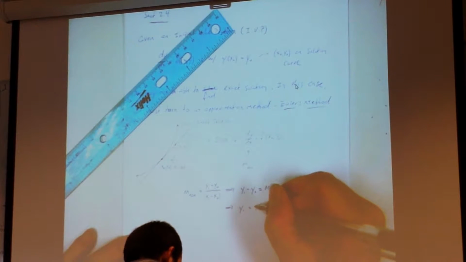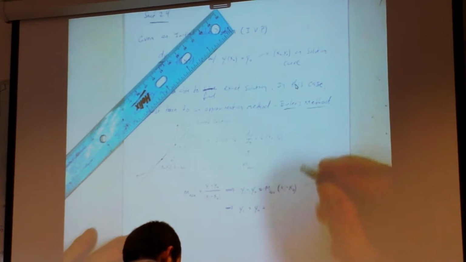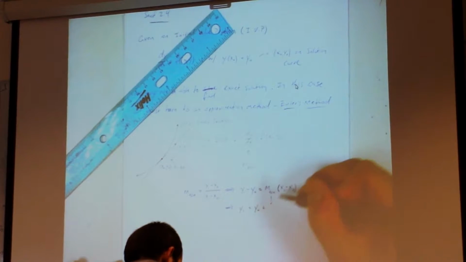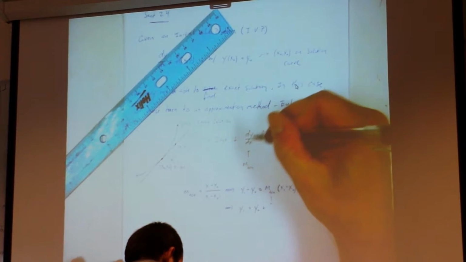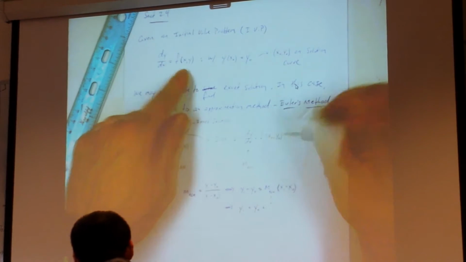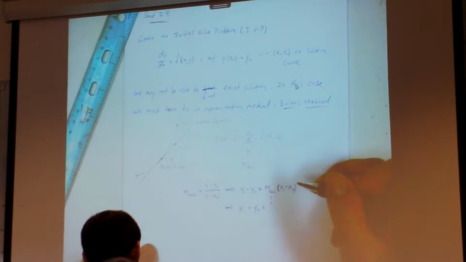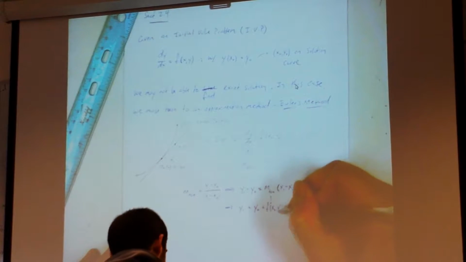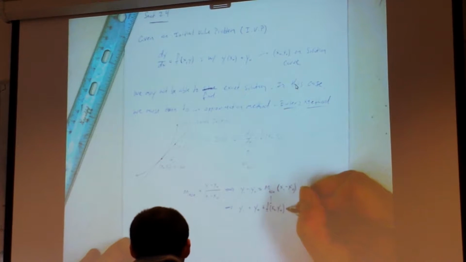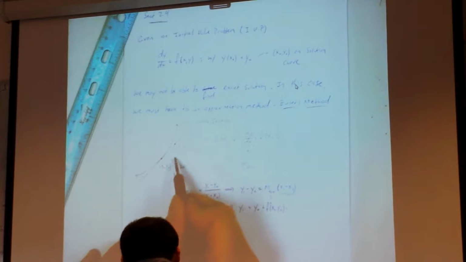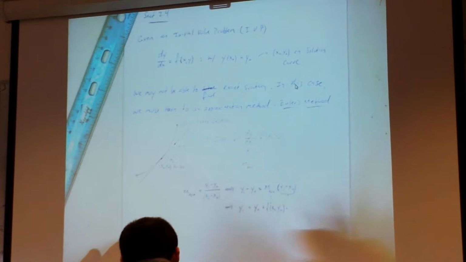y1 equals y naught plus the slope of the tangent line, that is dy dx, given by this expression, f of x y. And this little distance, x1 minus x naught, that's delta x, or h.